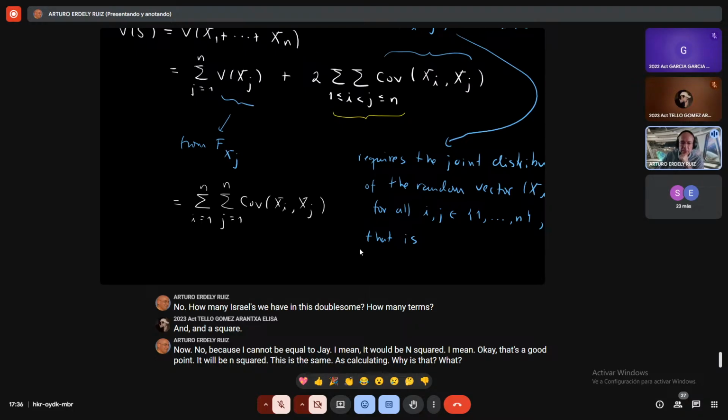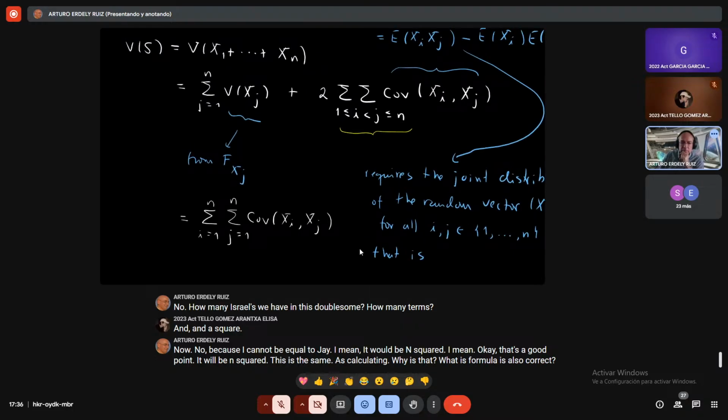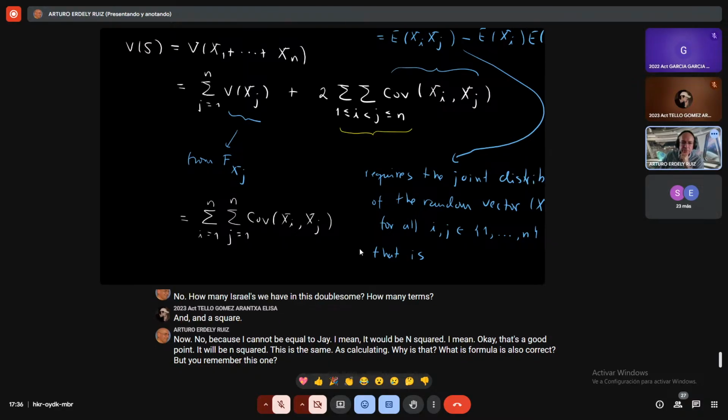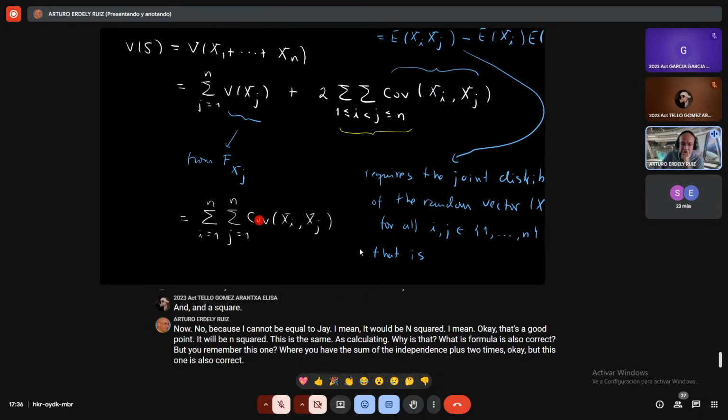Why is this formula also correct? Probably you remember this one, where you have the sum of the individual variances plus 2 times, okay. But this one is also correct. What's going on here?